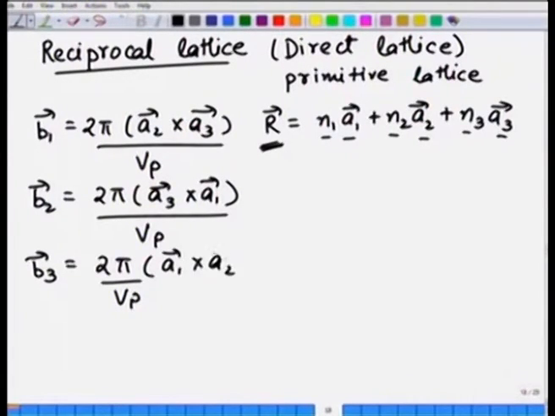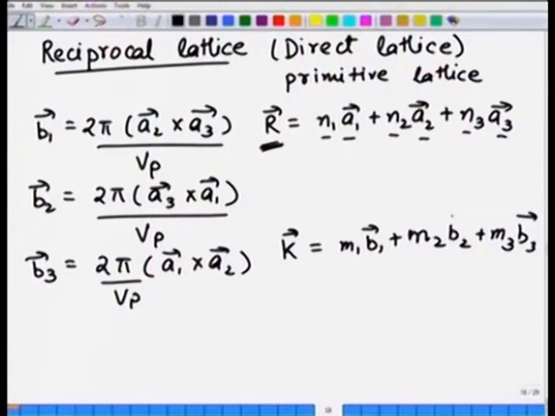I am going to just write it like this, and I am going to construct a vector called K as M1 B1 plus M2 B2 plus M3 B3. In fact, let me write this succinctly as the sum of Ni Ai, and this as therefore the sum of Mi Bi, where i is 1, 2, 3 only.